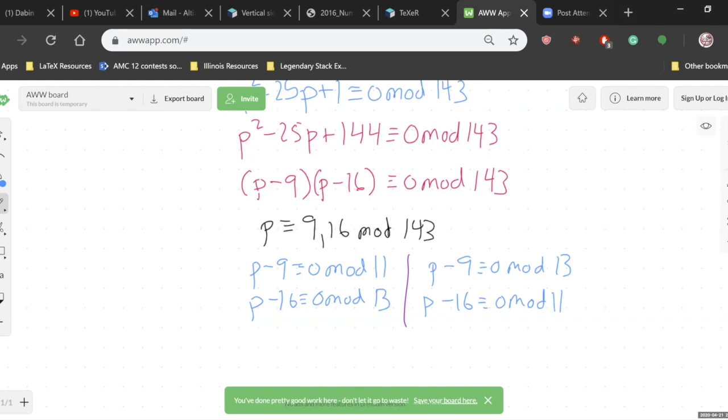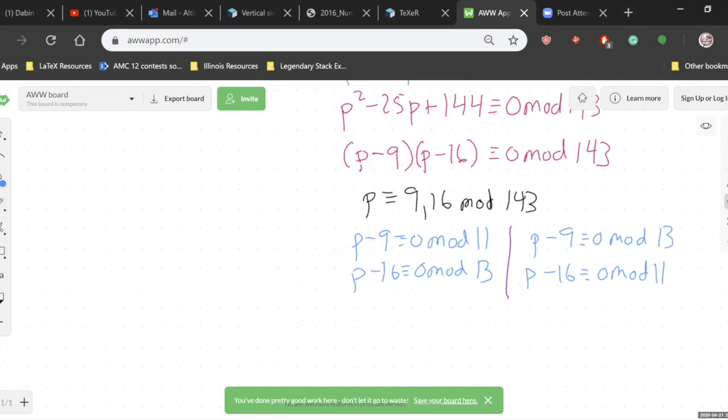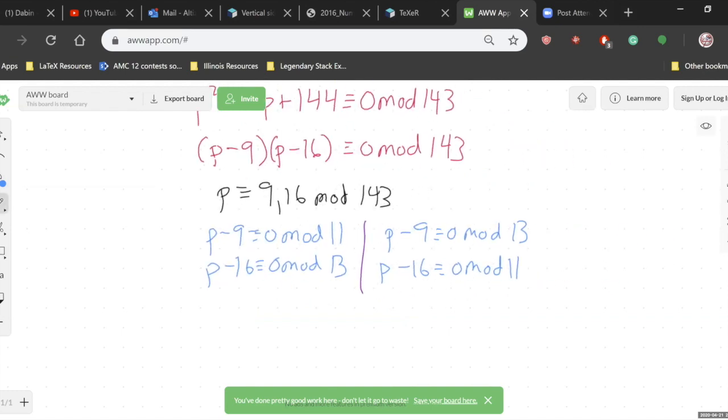And I've already worked these out. So let me just make sure. This one gives you P is congruent to 42 mod 143. And this one gives you P is congruent to 126 mod 143.